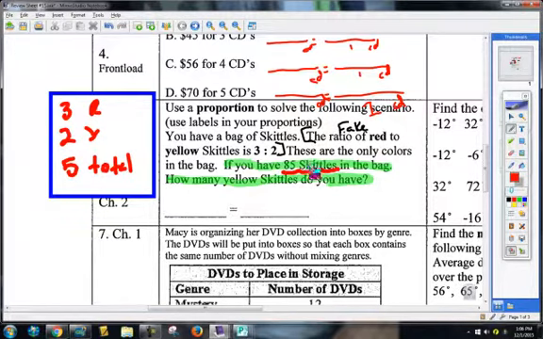Hopefully you're all saying total because it just says Skittles, so you could change that word to total, and then you just set it up. We got total on the bottom, and then what's it asking for? Yellows, so it means yellows up top. Remember this right here, the ratio on the left is always your fake ratio, which goes with your edge pieces and your fake information. Okay, and then you'll just plug in your real information and then solve.